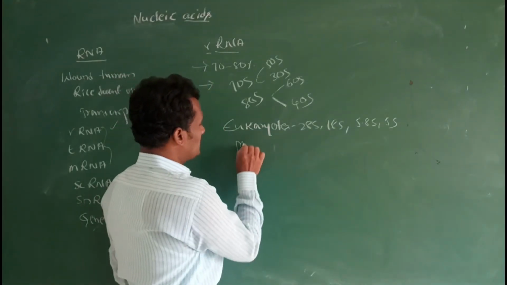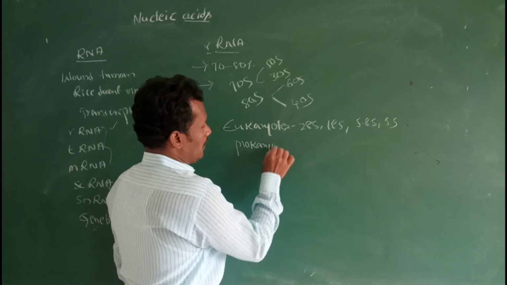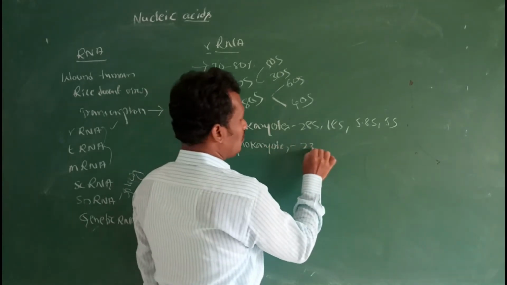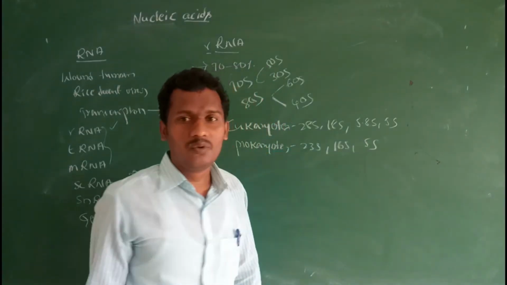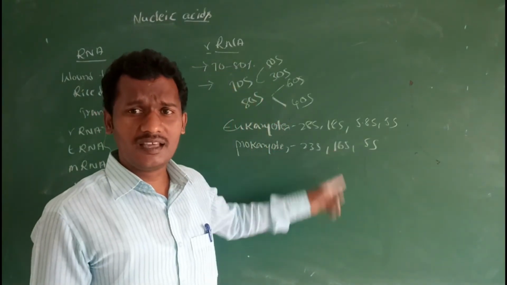Then in prokaryotes, 23S, then 16S, then 5S rRNAs are present.